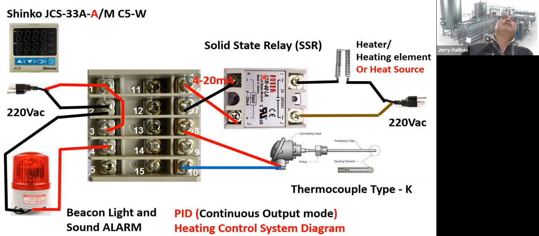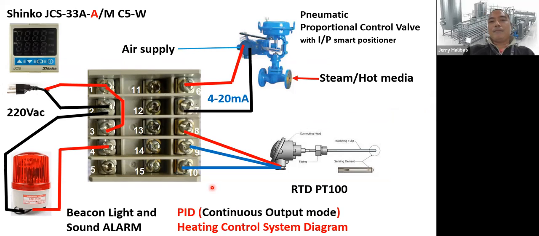Not the 3 to 40 volts one. I forgot that in the previous slides. The input should not be voltage but current, 4 to 20, so that the output of your heater is proportional. Unlike voltage, where the output is only on and off. That's why this type of PID system is also known as continuous output mode. It is continuous.